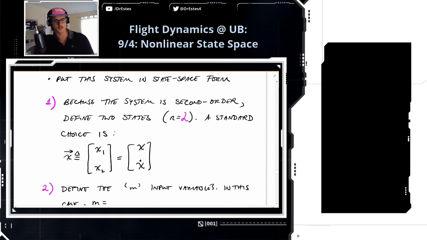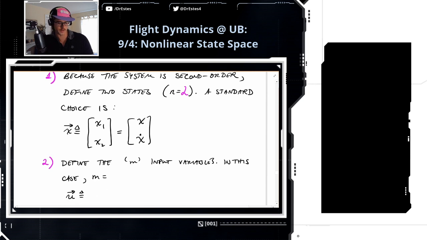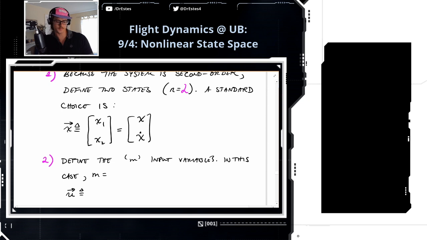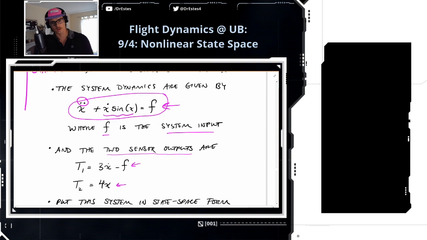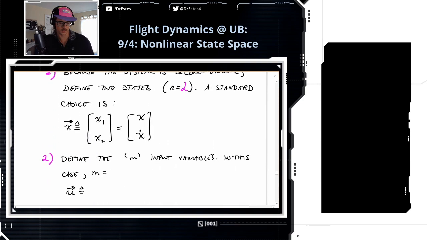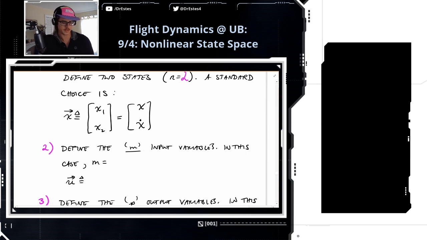Just define your states. Then define the input variables. In this case, I defined f as the one system input, so we just have one input. That means m is equal to 1. I define my input variable as u1, and that's going to be equal to f.